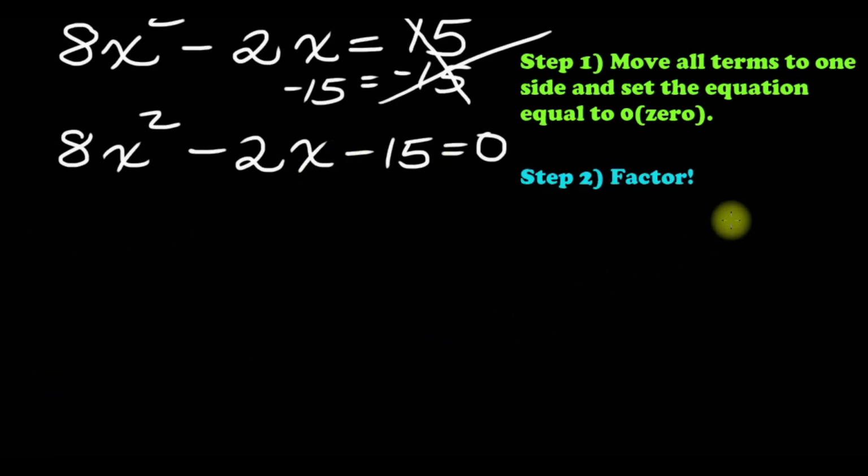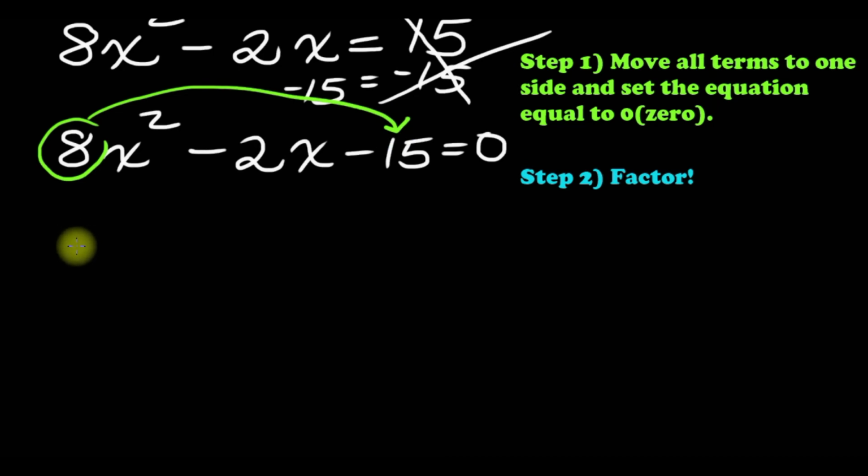Step 2 is to factor. We're going to factor this using the slip and slide method, just like we did with the previous one, because a is greater than 1. First thing we got to come up with is a times c. So slip and slide, we're going to take a times c.